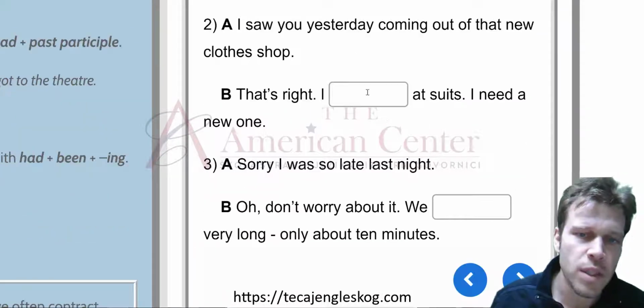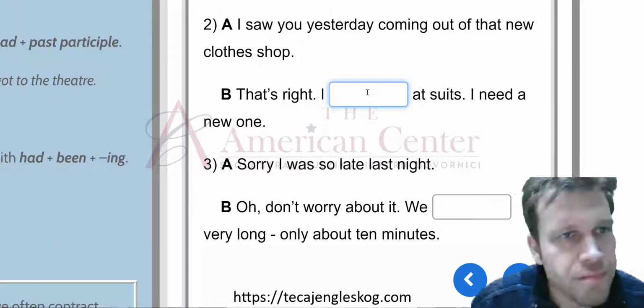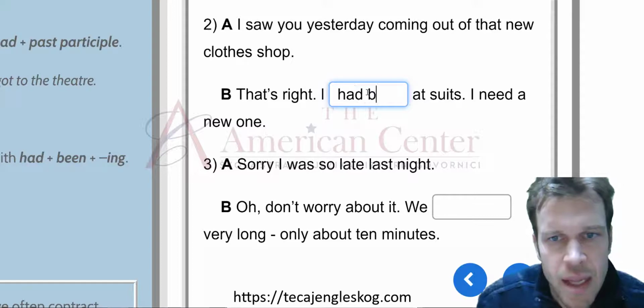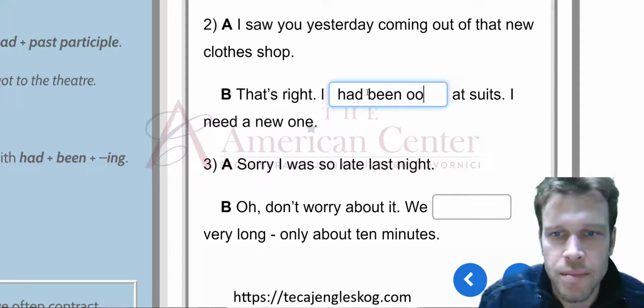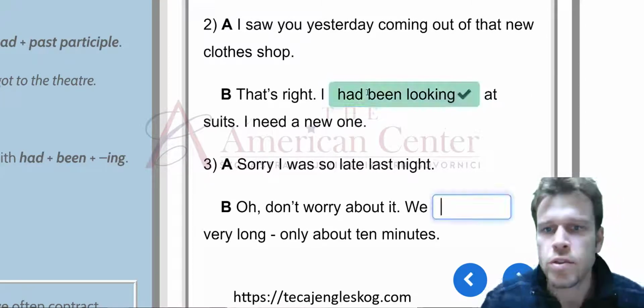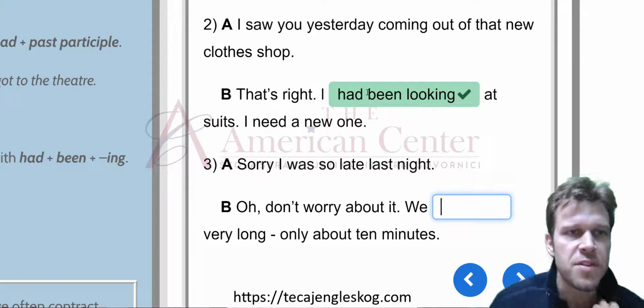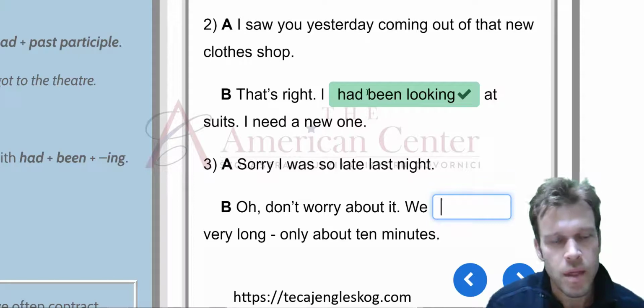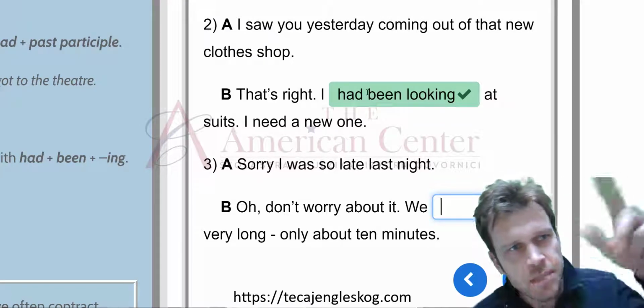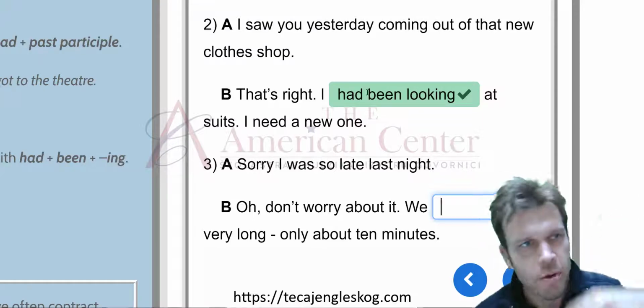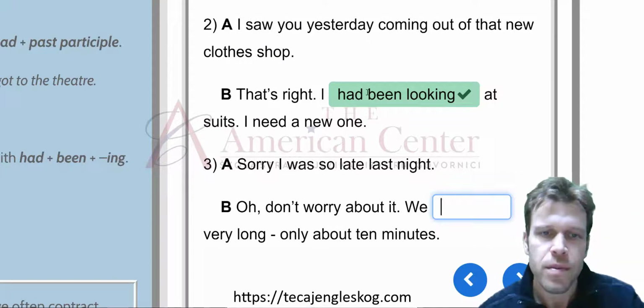We could really say, I had been looking at suits. We're trying to emphasize before, and we're trying to emphasize more the progression of it.